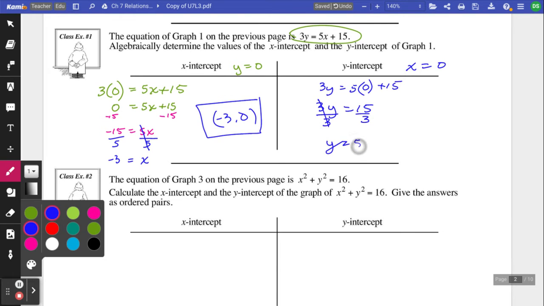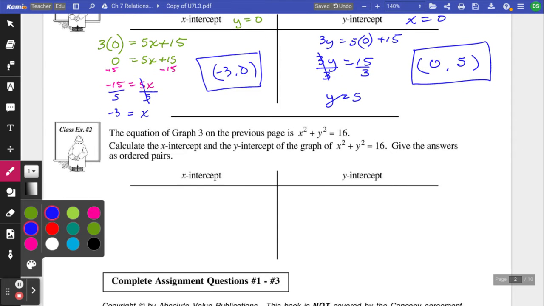So y is going to equal 5. So the coordinates of my y-intercept would be 0, 5, because x was 0, it goes first in the coordinate. And that is your answer. Okay? All right, let's do a little more complicated one.